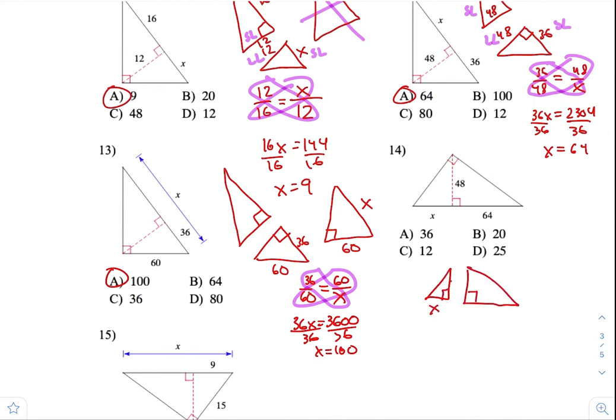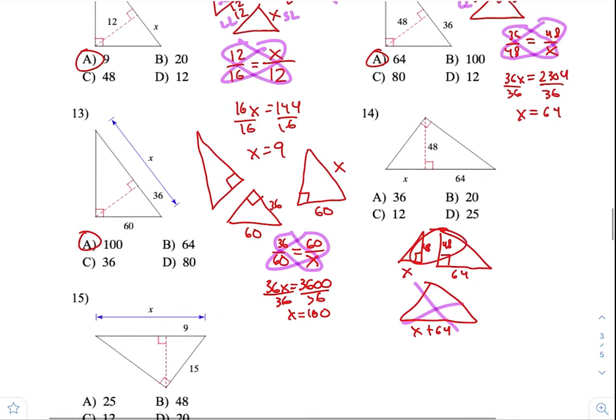For the smaller one, I see it's that, and for this one, I see it's that. And again, we're not using the bigger triangle, because we only know this side. So, making a proportion, since these are the same, they will be diagonal. Only for when we have a right triangle and a right triangle. 48 over x is equal to 64 over 48.